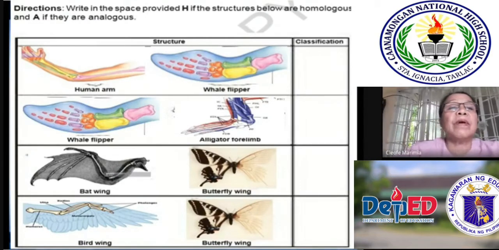Again, let us read the direction. Write in the space provided H if the structures below are homologous and A if the structures are analogous. Number 1, human arm and whale flipper.